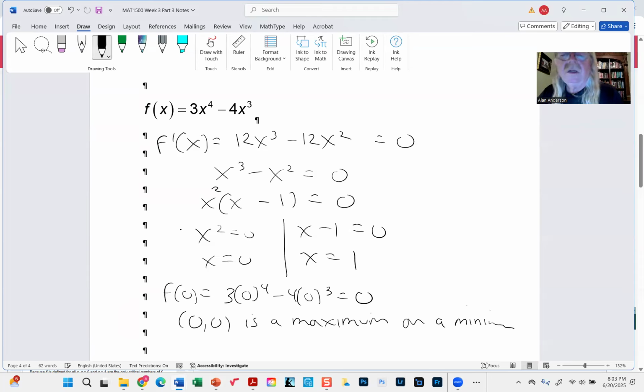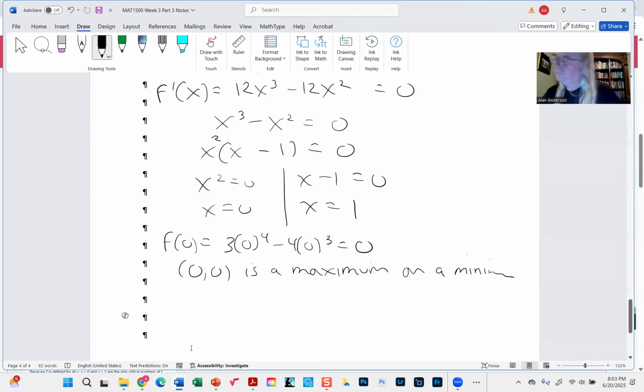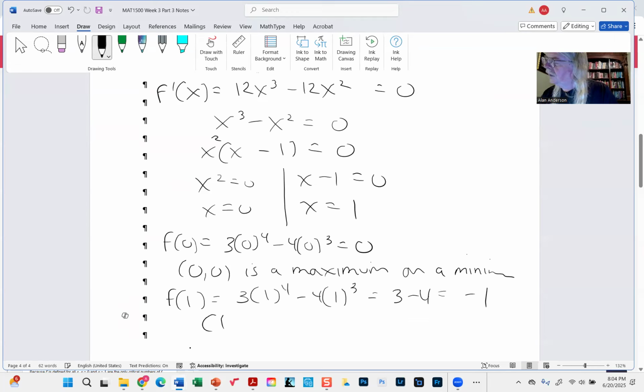And then what about 1? The point (1, -1) is a maximum or a minimum.